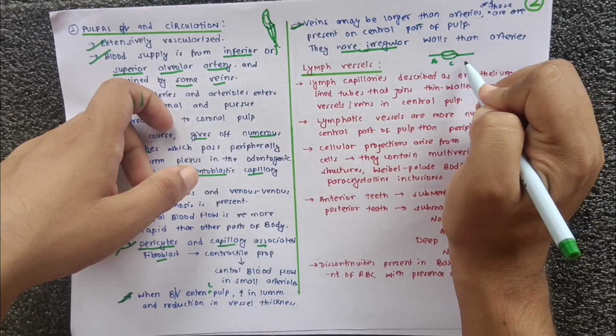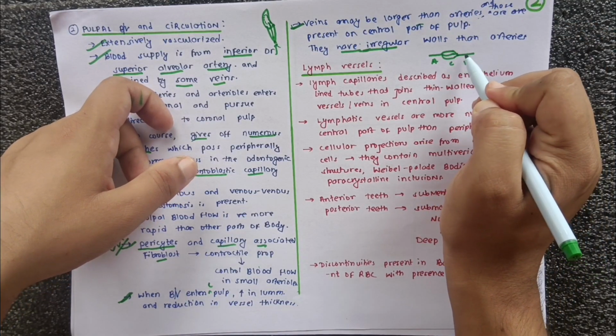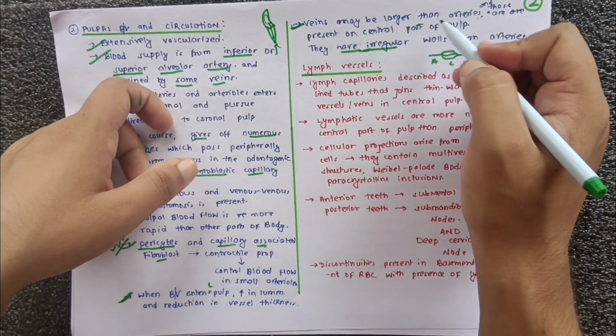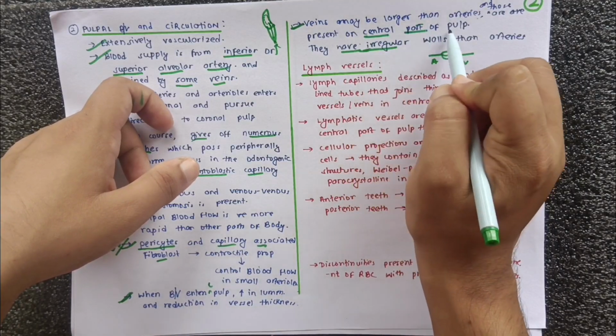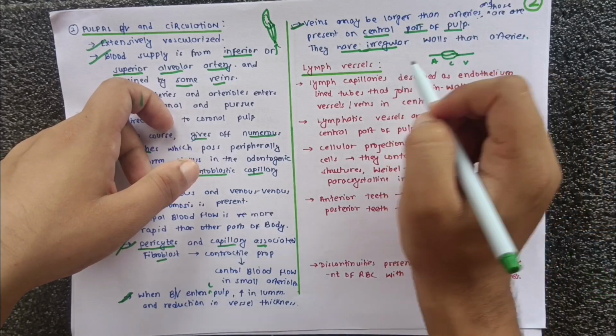So this is the artery, this is the capillary, and this is the vein. This is a simple concept. Mostly those veins are larger than the arteries, and those larger veins are present in the central part of the pulp, with more irregular walls than the arteries. So you can remember this.